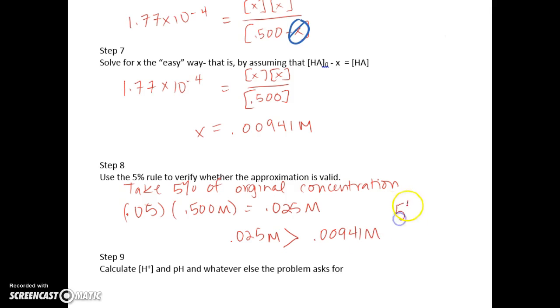So we need to write something like "5% rule OK," because that indicates that you understand and you checked and you showed me that the 5% rule is valid. Which means that the answer does have some error, but so little that in the realm of significant figures, it's not that important.